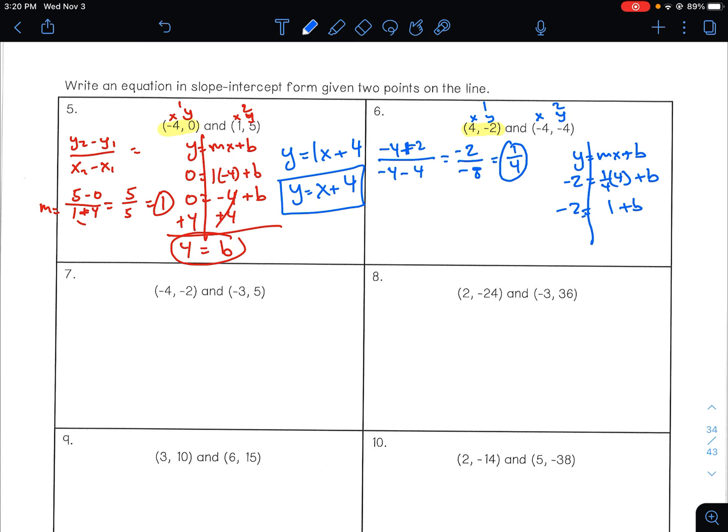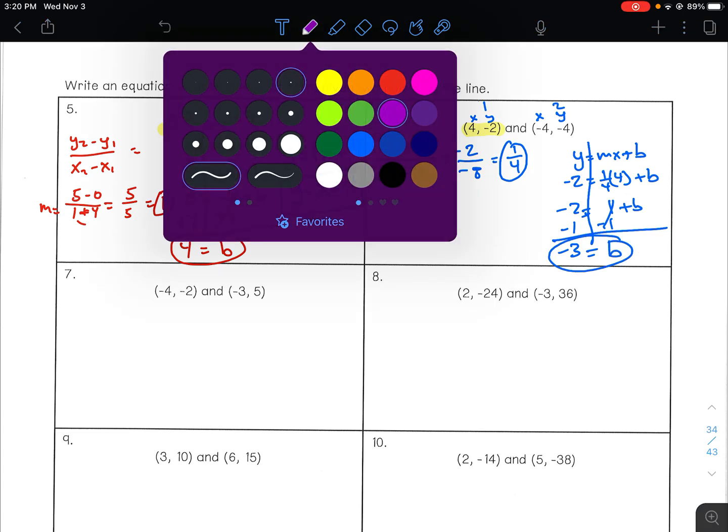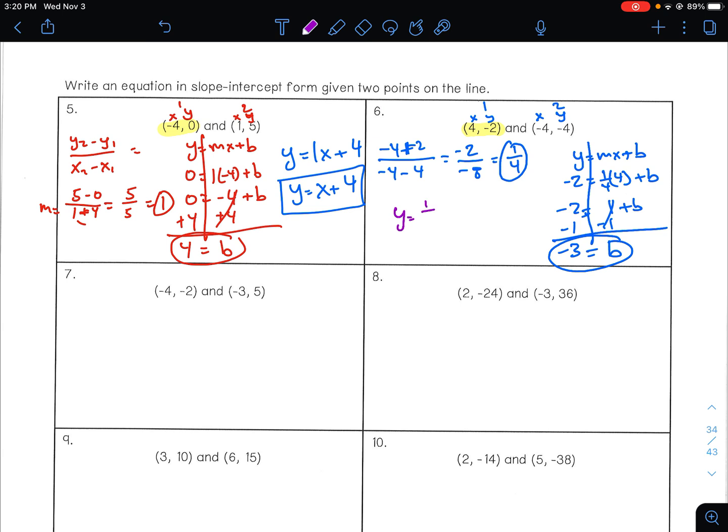Now I have to get rid of this 1, so subtract 1 from both sides. -2 minus 1 is -3, so b equals -3. So my equation is y equals 1/4 x minus 3. You could have also written y equals 0.25x minus 3, and that's also correct.